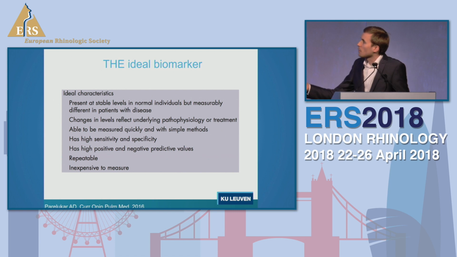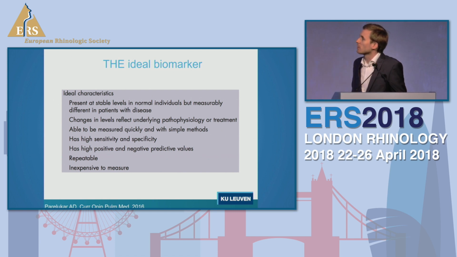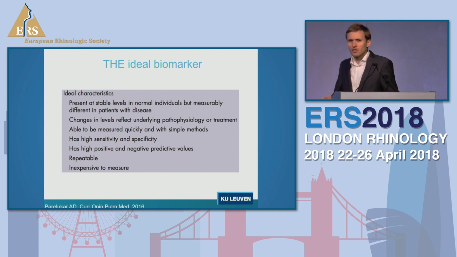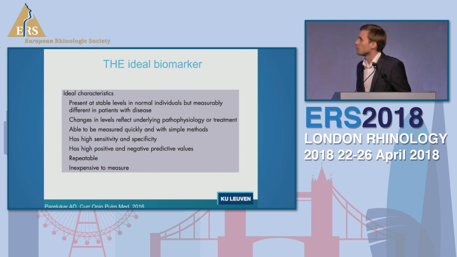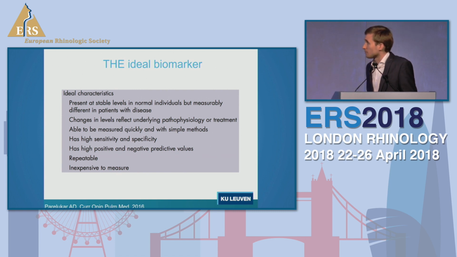We want biomarkers to be measured in a quick way and by simple methods. This is easy, but in practice, you need to take a lot of steps to achieve that. Then we have high sensitivity, high specificity, high positive and negative predictive value, repeatability, so validation in independent cohorts is an important aspect, and preferably it's inexpensive to measure.